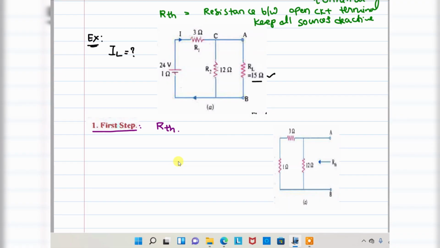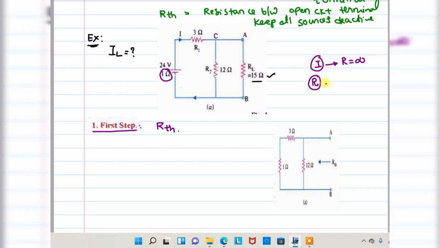So how to find RTH? Just now I explained. Voltage sources that are present should be short circuited. If internal resistance is present, replace it by the internal resistance. In the case of an ideal voltage source, internal resistance is not present, so it should be short circuited. In case of an ideal current source, internal resistance is always infinity. Everyone remember, internal resistance of an ideal current source is infinity.